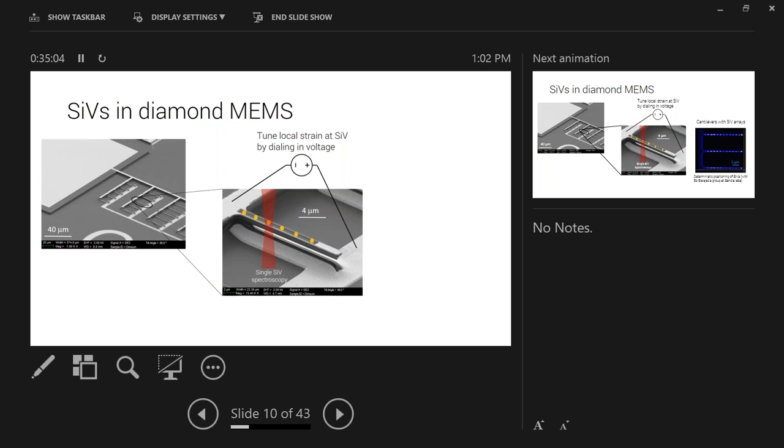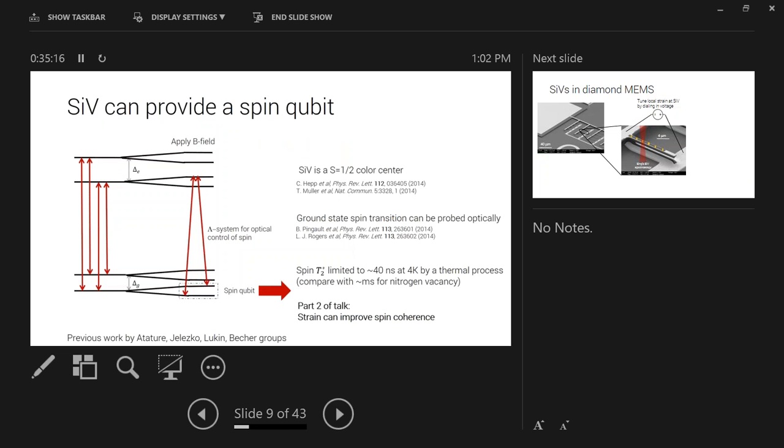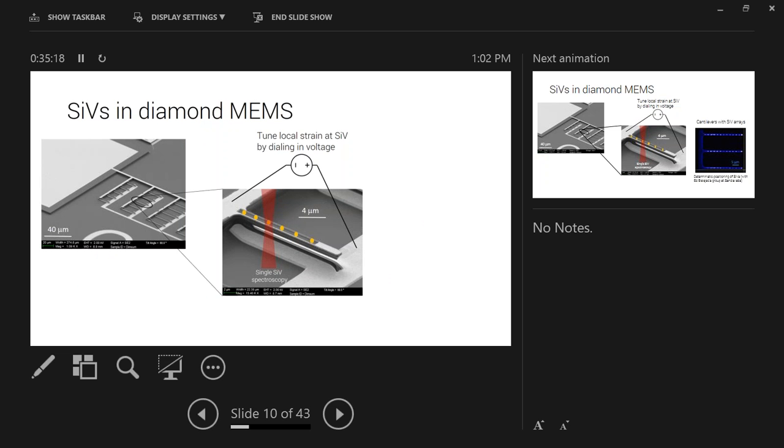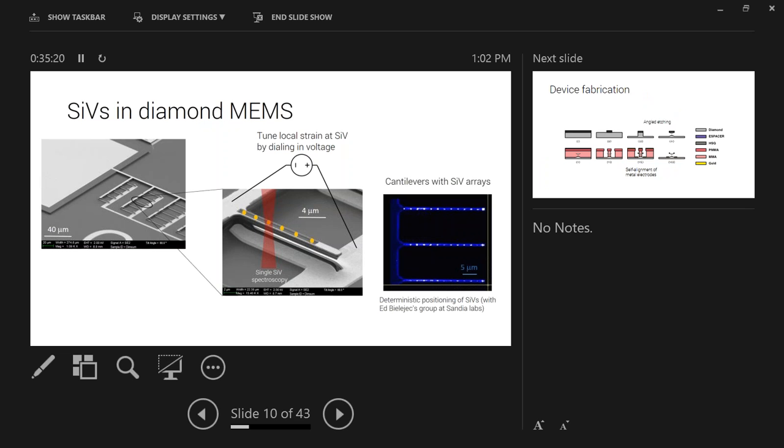The other nice thing is that we have a window in the top electrode because we want to look at silicon vacancies that are inside the beam. So this array of yellow dots is not just a cartoon. We can actually make devices that look like this, where you have a neat little array of SiVs along the beam at regular spacing.